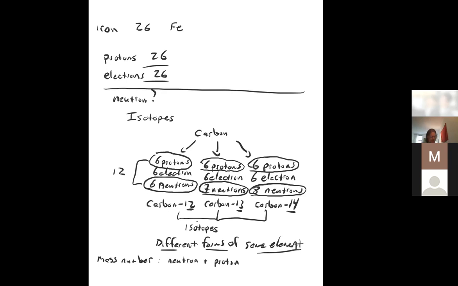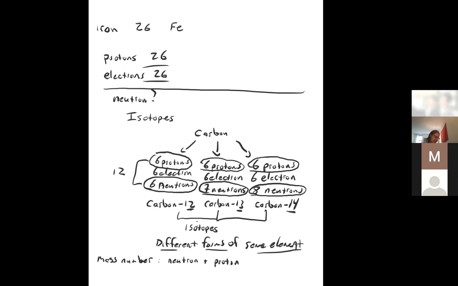Again, they don't weigh exactly the same, but they're pretty close. They both weigh about 1 AMU. So if you add up the number of protons and neutrons and each one weighs 1 AMU, then the total number is just going to give you the mass number. So I would say that carbon 12 weighs about 12 AMU. Carbon 13 weighs about 13 AMU, and carbon 14 weighs about 14 AMU, okay?